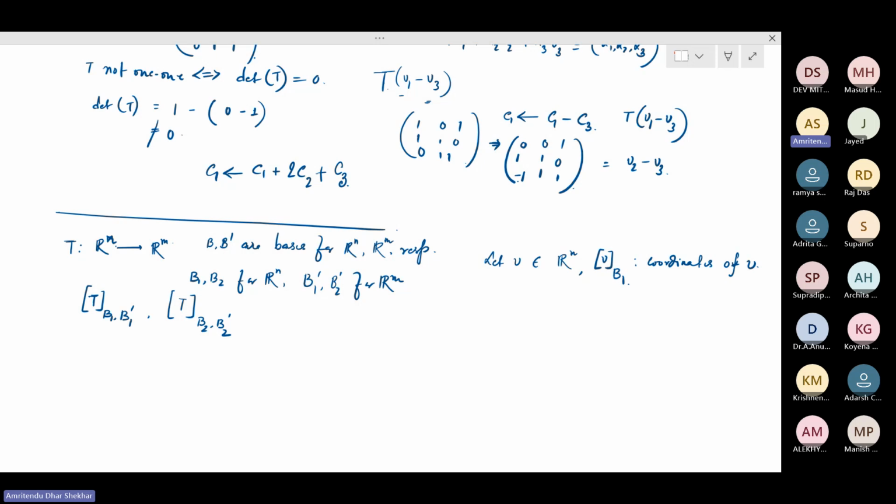So there is a relation which relates how the coordinates over one basis relate to the coordinates over another basis.